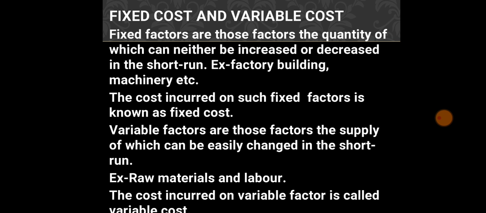So those inputs which can be increased in order to produce more quantity of output are what is known as variable factors. For example, the producer can employ more workers to produce more commodities. So the workers or labor or raw materials are what is known as variable factors. The raw materials and labor are examples of variable factors in the short run.